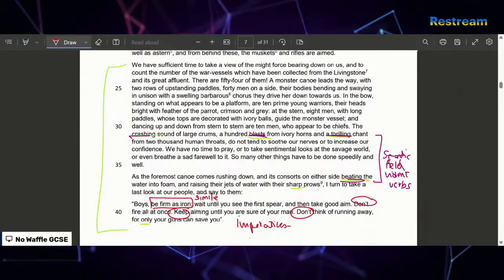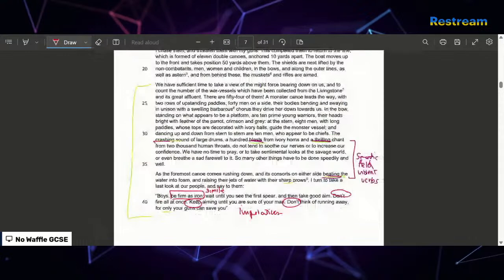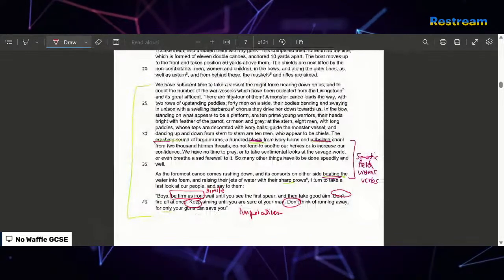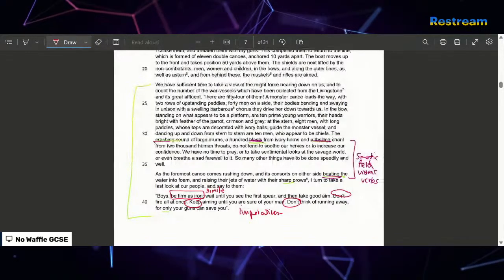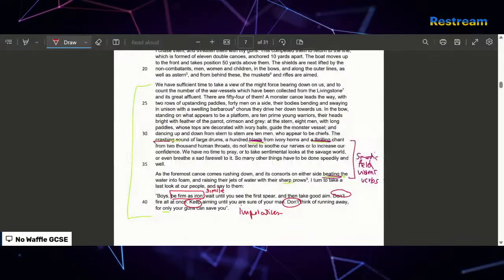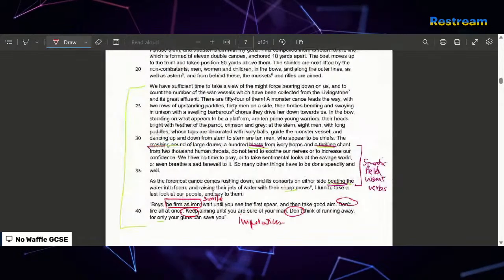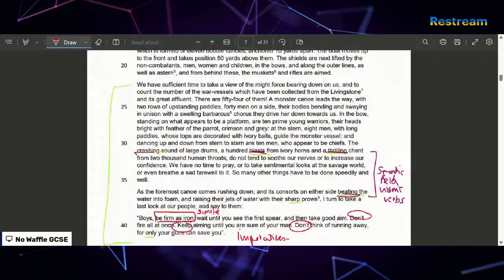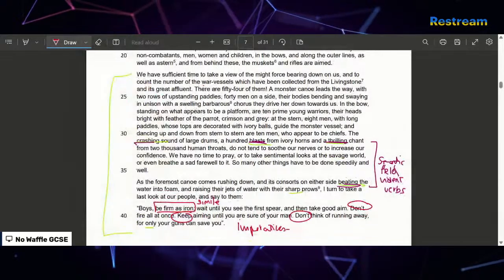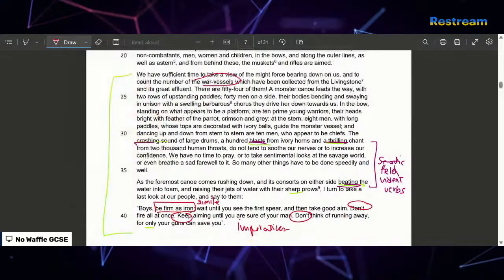So we've talked about the verbs, we've talked about the simile, we've talked about the imperatives, and let's see if there's any other language techniques that we can use. "To count the number of war vessels," now this is a metaphor early on, because we know that they aren't actually war vessels.